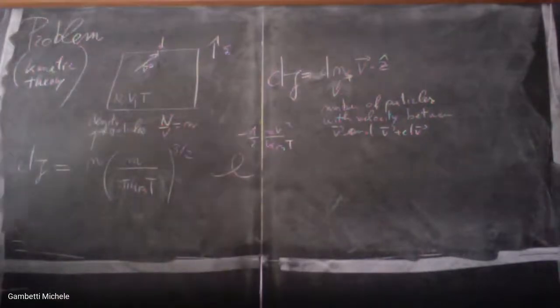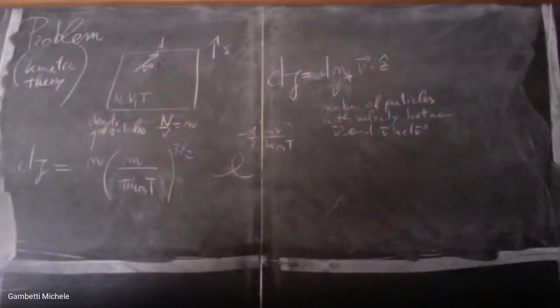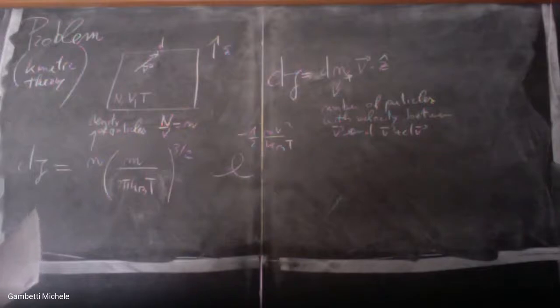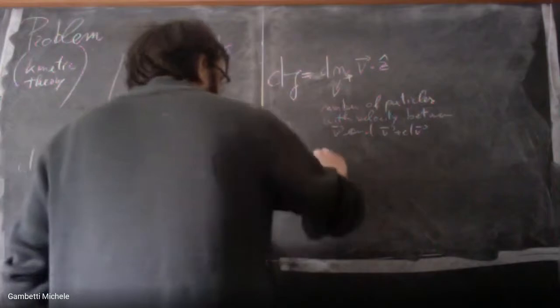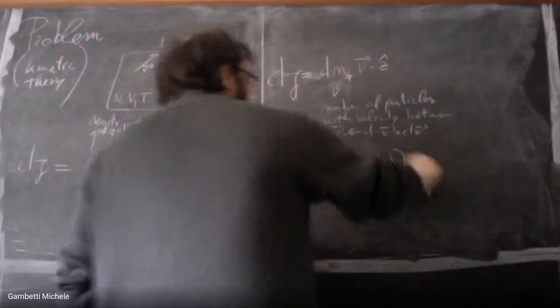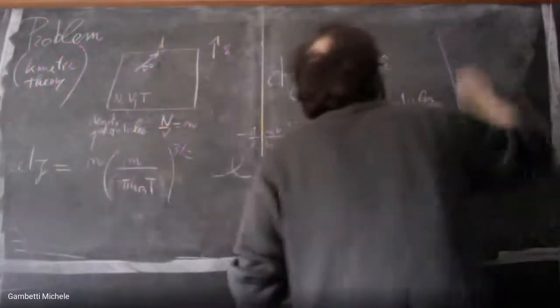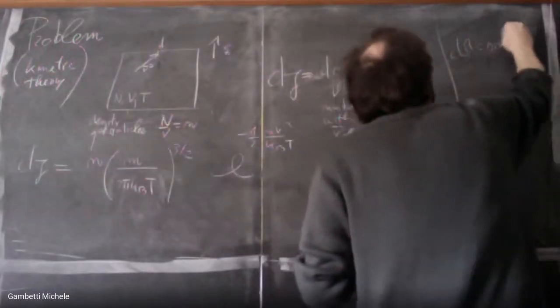And then, in principle, I have dp, which is p squared times the solid angle, which in turn was written in terms of dv v squared times the solid angle. So this part is now v² dv, and then I have a solid angle dΩ.